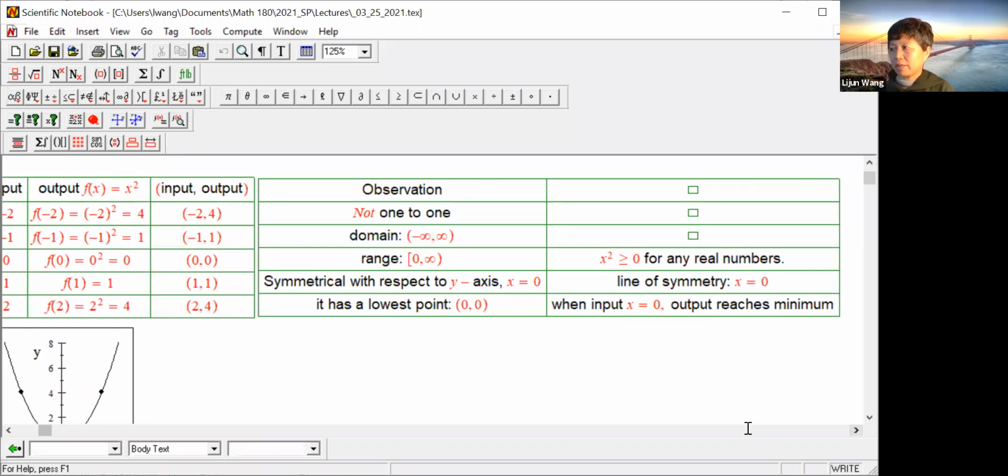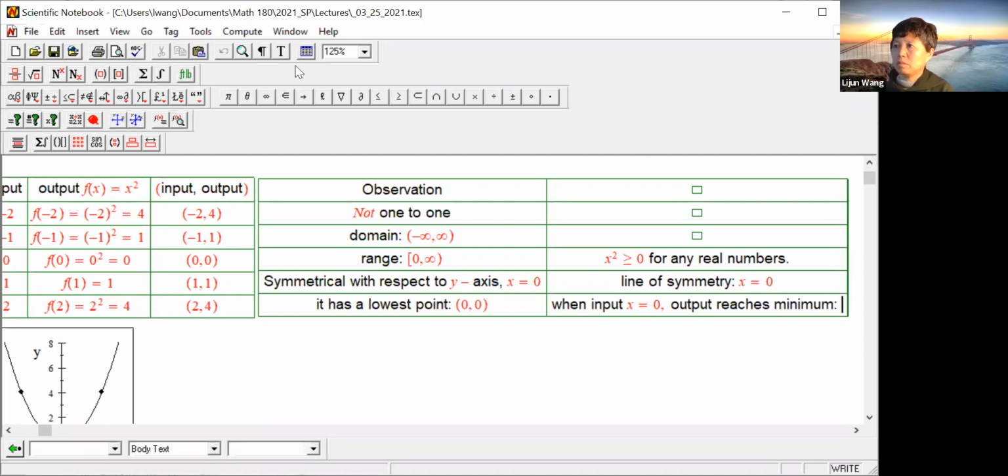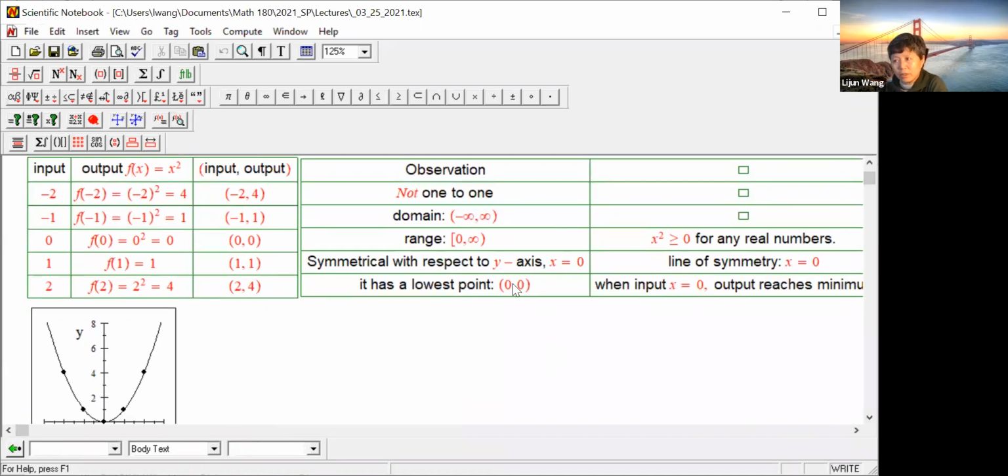And what is that minimum value? 0. That's right. In this case, the minimum value is 0. What else can we observe from this picture? And by the way, the lowest point, we're going to give it a new name. It's called a vertex.